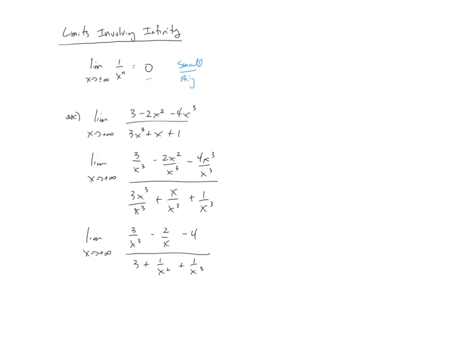Which means at infinity, due to this fact right here, this would go off to 0, this would go off to 0, this would go to 0, and this would go to 0. So when all is said and done and the dust settles, all we have left is negative 4/3 for our final answer.